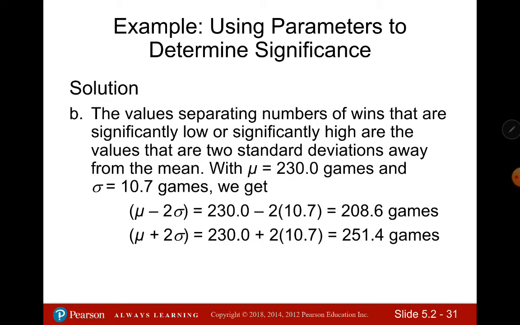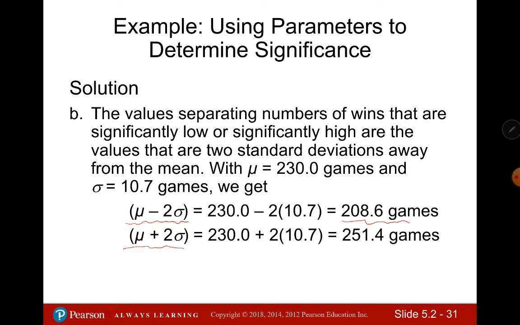For the second part, we need to use the range rule. So we list the two criteria. For mu minus two standard deviations, below the mean, we just plug into the formula to get this value.